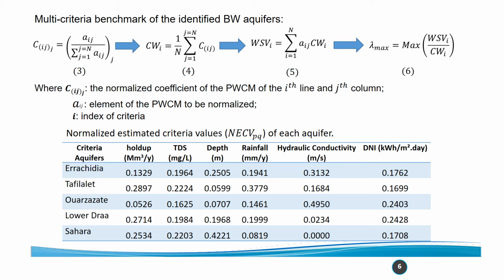Next to this step, the parameter lambda max can be derived as the maximum value of the ratio between weighted sum values and the corresponding estimated criteria weights. Following this approach, the normalized matrix of the estimated criteria values is established as given in this table.